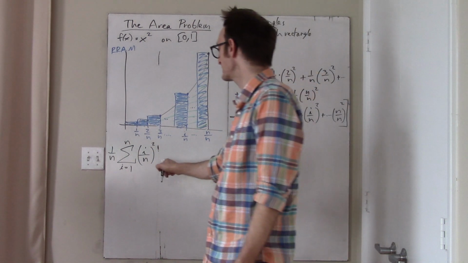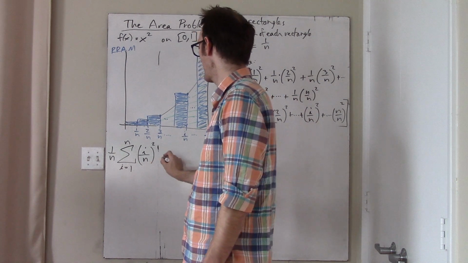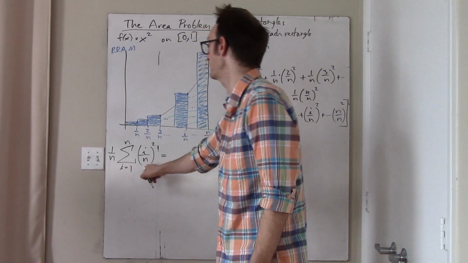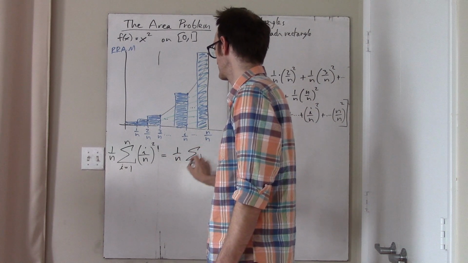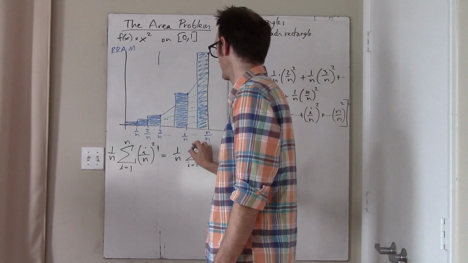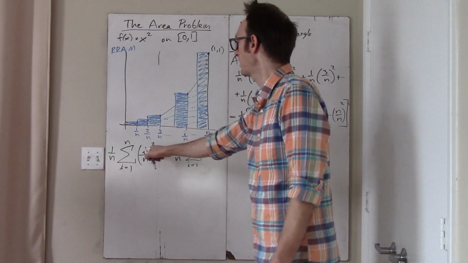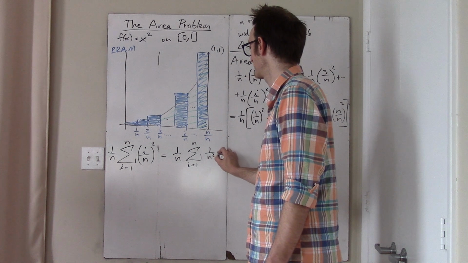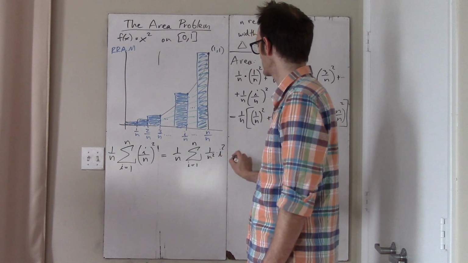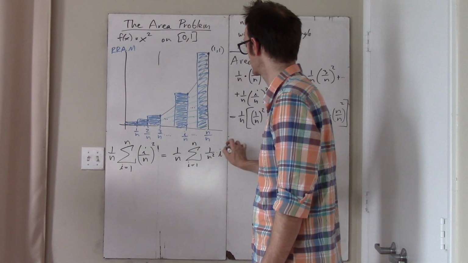So now I just need to compute this. And even this can be computed as, this is 1 over n times the sum from i equals 1 to n of, this is really just like 1 over n squared times i squared. I guess there are different choices I could have made here, but this seems okay.